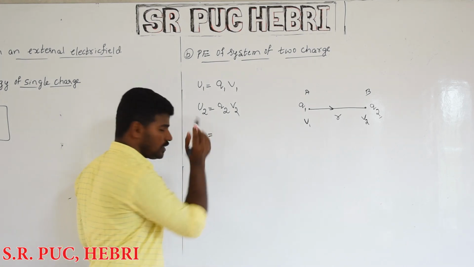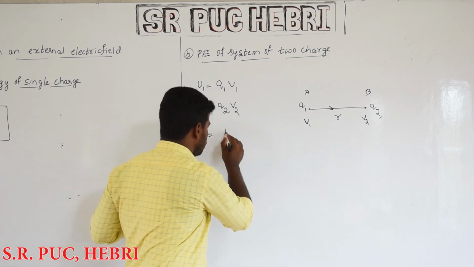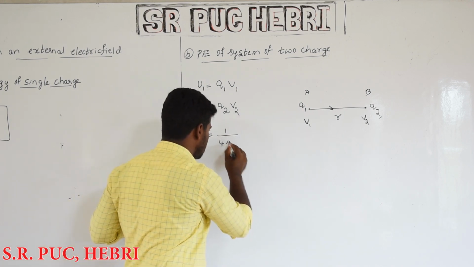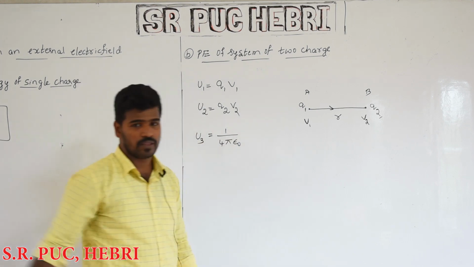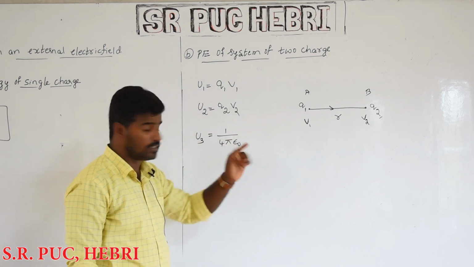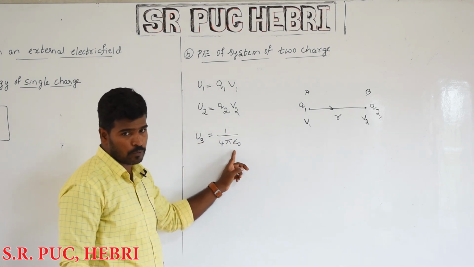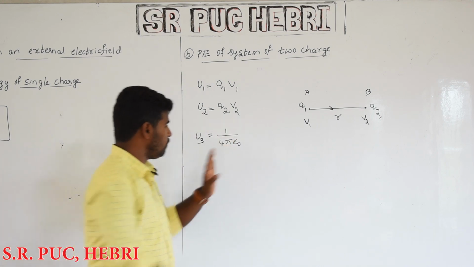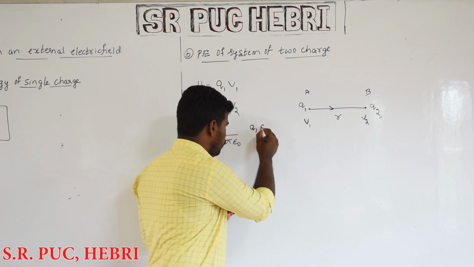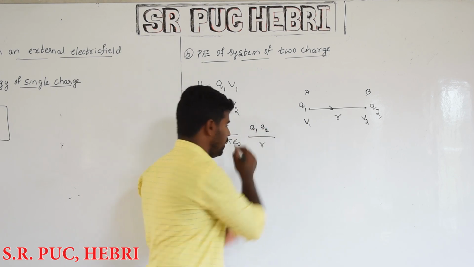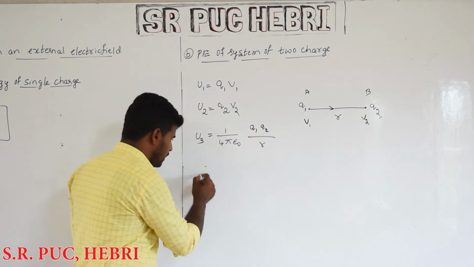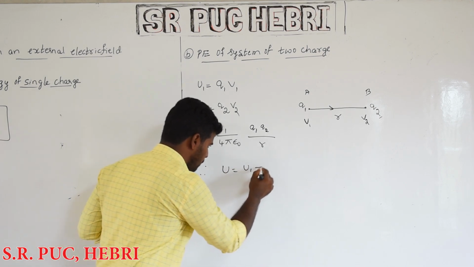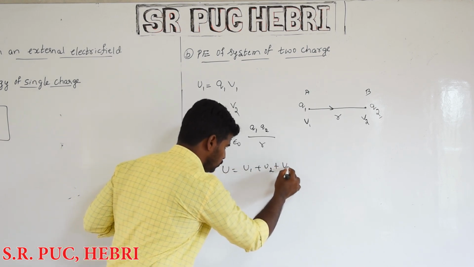That work done is stored as U3. Because of the two charge carriers, which are separated by a distance in free space, we use 1 by 4 pi epsilon naught, as I earlier discussed in the last session. U3 is equal to 1 by 4 pi epsilon naught Q1 Q2 divided by R. Therefore, the total energy U is equal to U1 plus U2 plus U3.